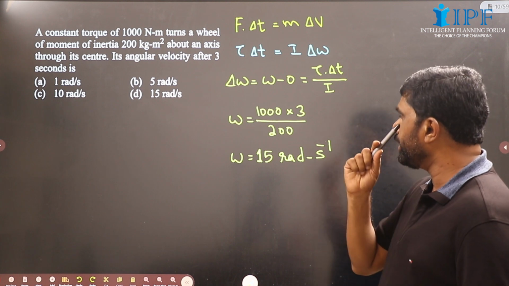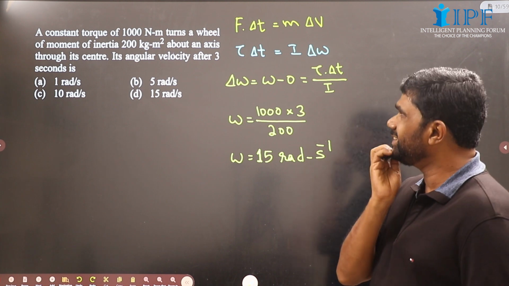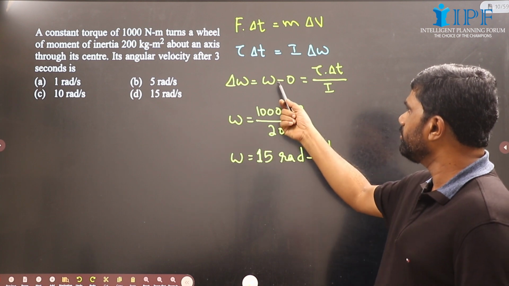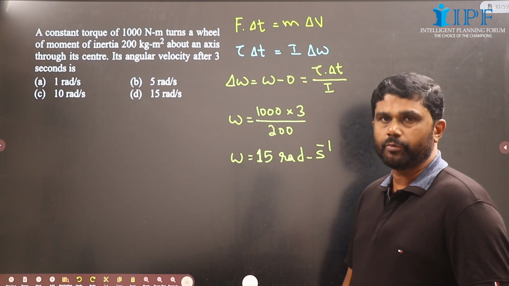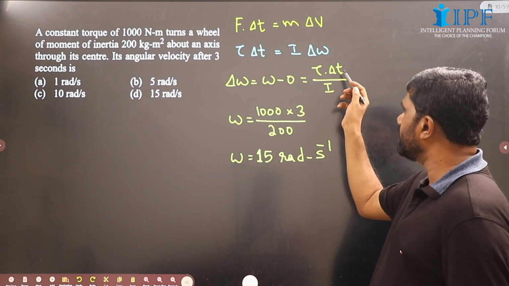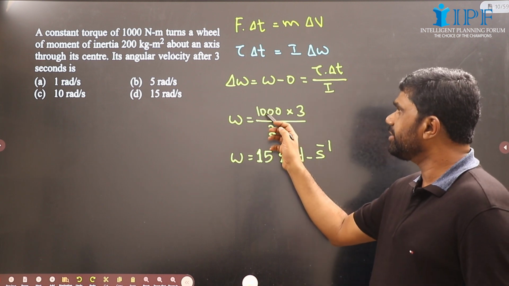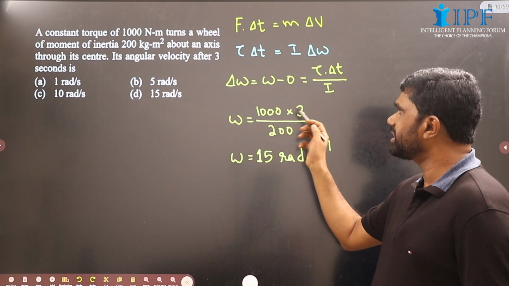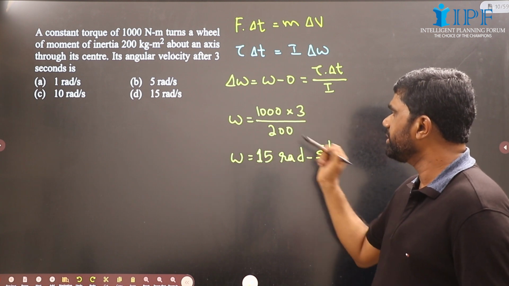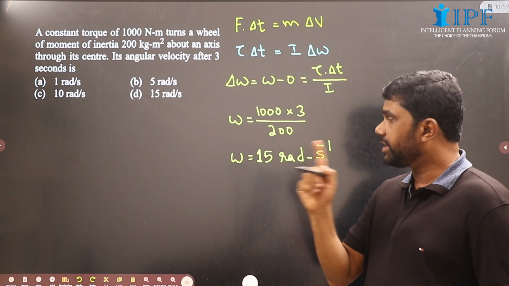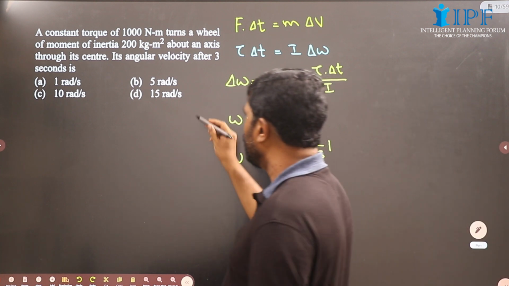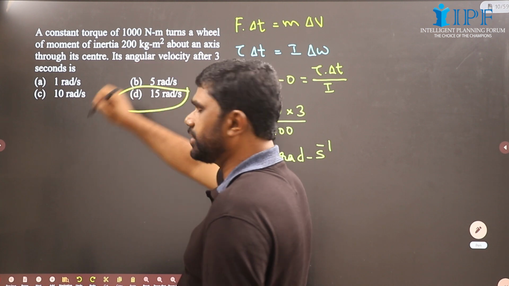So delta omega, the change in angular velocity, is final angular velocity omega minus initial angular velocity 0, and it must be equal to tau delta t by I. Tau is given as 1000 Newton meter, time is 3 seconds, and moment of inertia is 200. 1000 divided by 200 will give you 5. 5 into 3 will give you 15. Okay, this is 15.